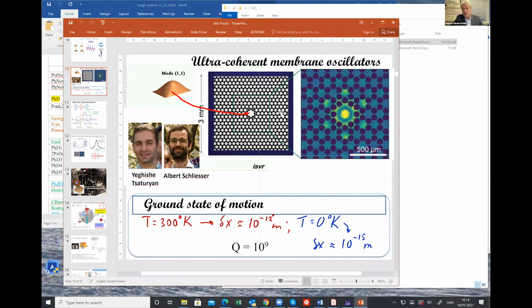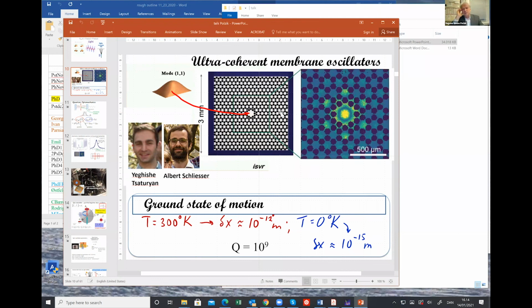So for those membranes, this is as good as it gets. There are other systems which are smaller. For example, Oscar Painter works with his one-dimensional systems, which have a higher product of the frequency and Q. So our product of frequency and Q is something like 10 to 15, 10 to 16.